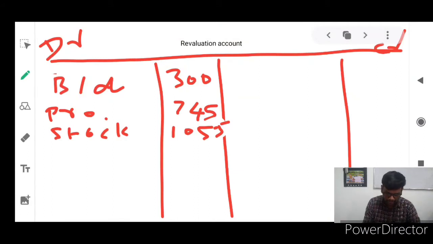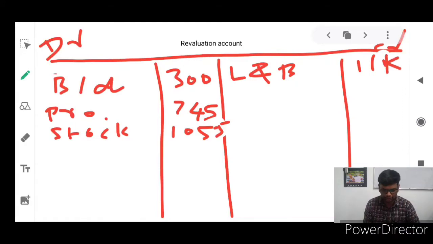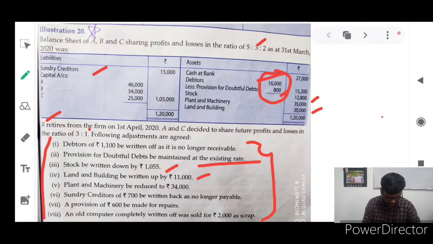So land and building: how much amount increased? 11,000 rupees increased. Instead of writing 30,000, I am going to write 30K. K means 1,000, you know that.